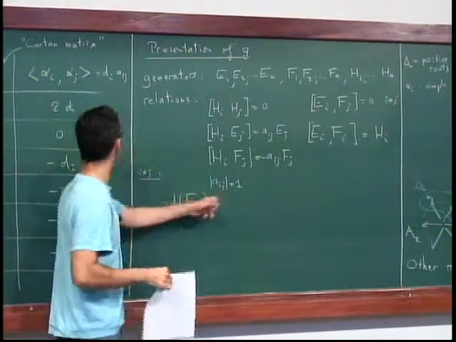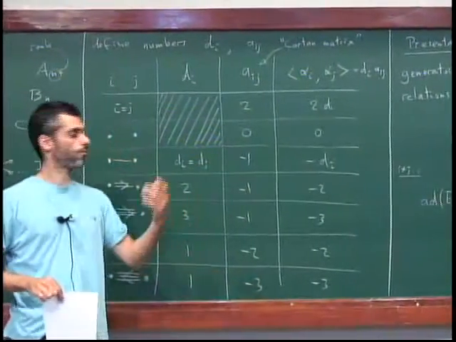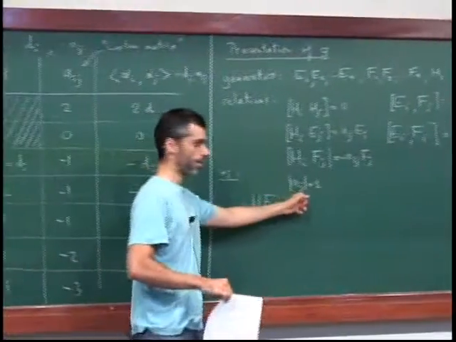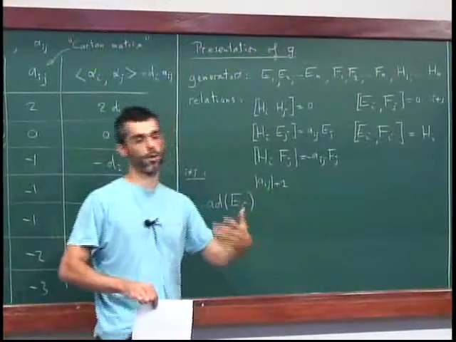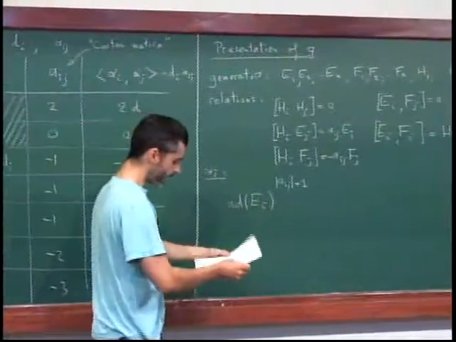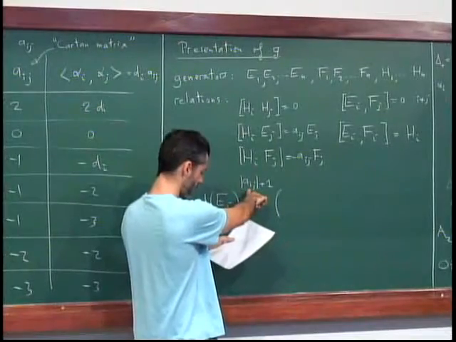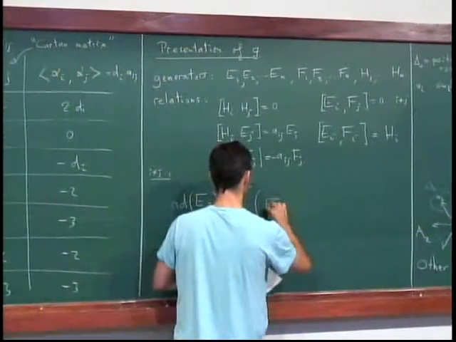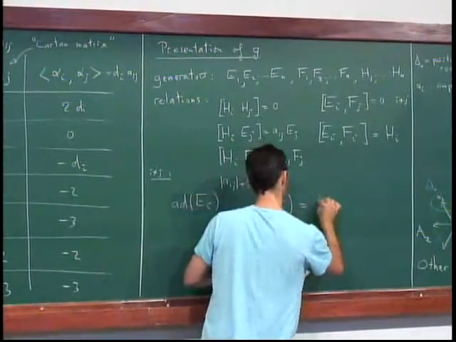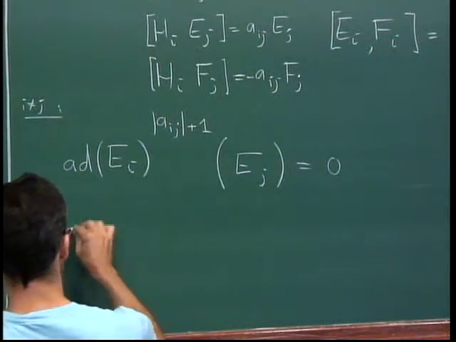And so Aij is always negative, and that's why I put absolute values, because I really don't like having minus Aij on the board when actually I'm talking about a positive number. So this operator applied this many times to Ej should be equal to 0, and same thing for F.